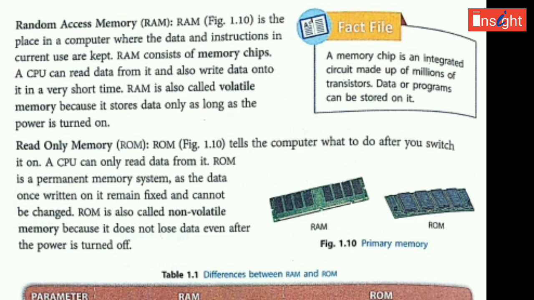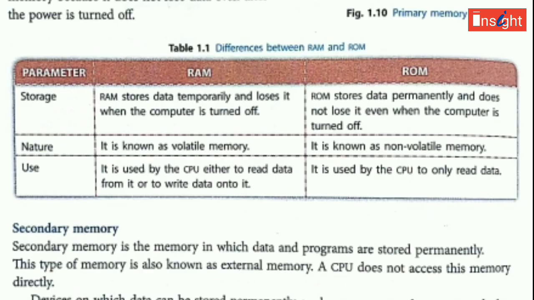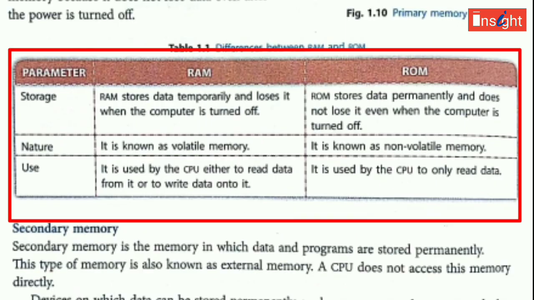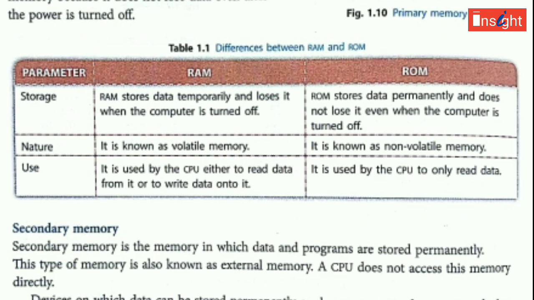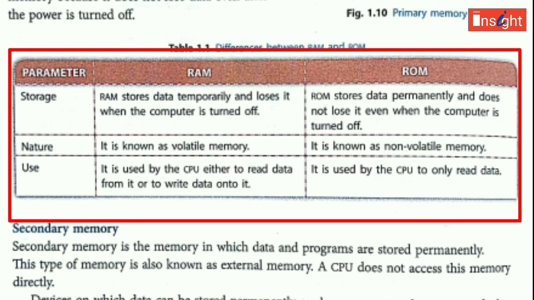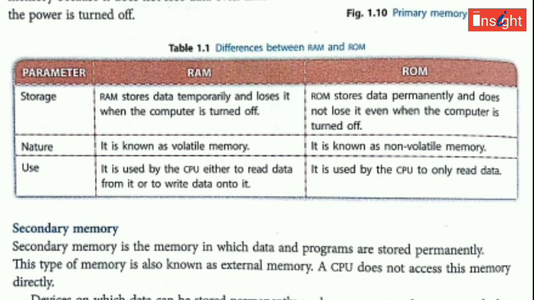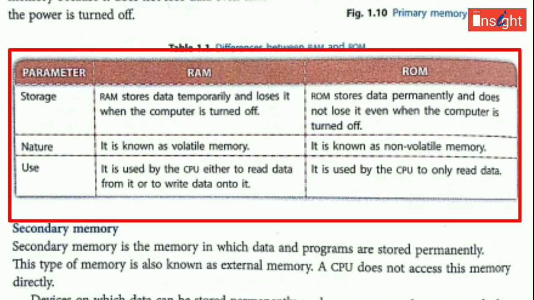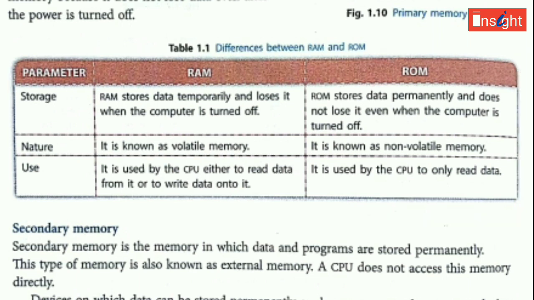So the basic differences between RAM and ROM are: Number 1, RAM stores data temporarily and the data is lost when the computer is turned off, whereas ROM stores data permanently and the data remains there when the computer is turned off. Number 2, RAM is known as volatile memory and ROM is known as non-volatile memory.